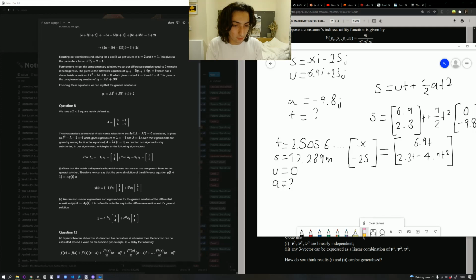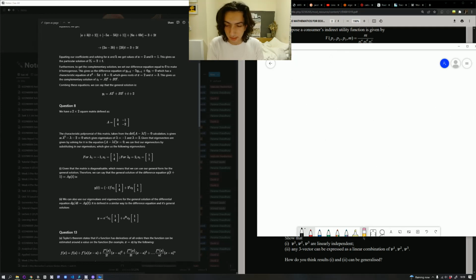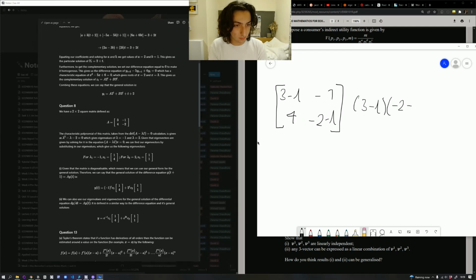In order to get the eigenvalues, first of all, we would need to do the determinant of the matrix with 3 minus lambda, -1, 4, and -2 minus lambda. The determinant of this is going to be (3 minus lambda)(-2 minus lambda) minus (-1)(4).